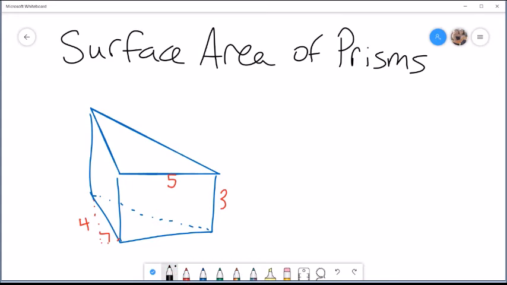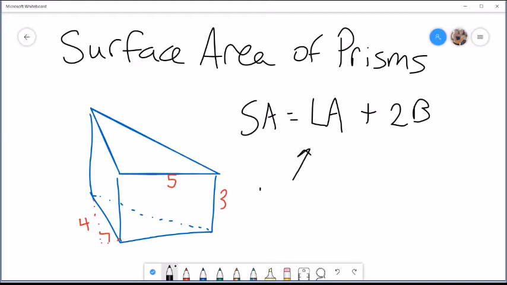Our formula for surface area then is our lateral area plus 2b. And in this case, LA is what we did last time with lateral surface area.